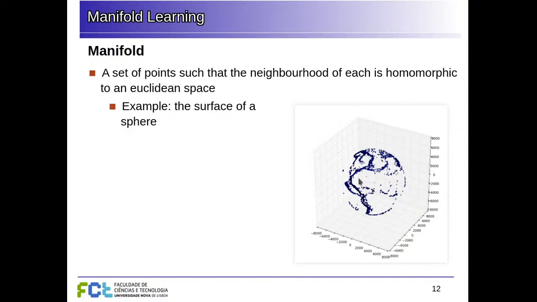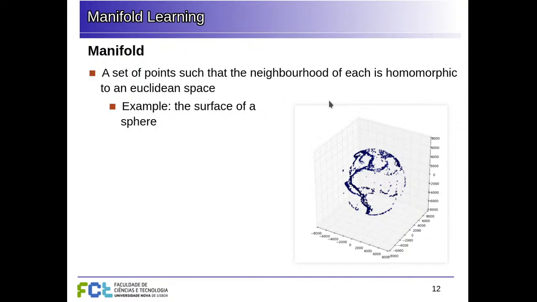These are the coordinates of seismic events. And even though they are distributed in 3 dimensions on the surface of the sphere, at each point we can approximate this to a 2-dimensional Euclidean space, for example, a local map where we have the seismic events. So we could find a 2-dimensional representation that would approximate this distribution of the data.